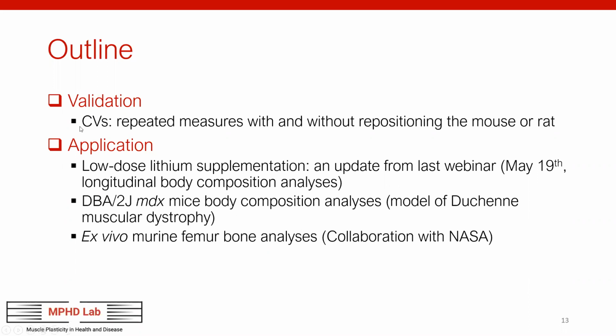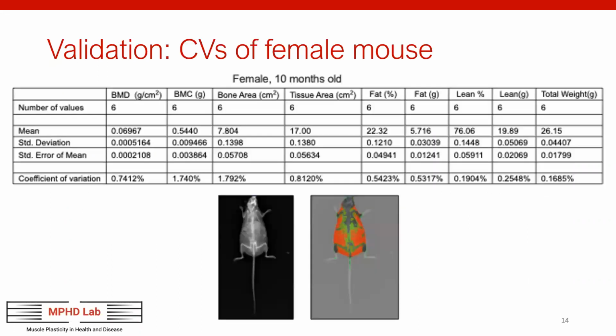And then I'll save perhaps the best for last. We've done some ex vivo mouse femur bone analysis in collaboration with NASA. They've actually sent us some bone samples from mice that were aboard the International Space Station, or the ISS, for 30 days. So I'll just move right along into the validation.